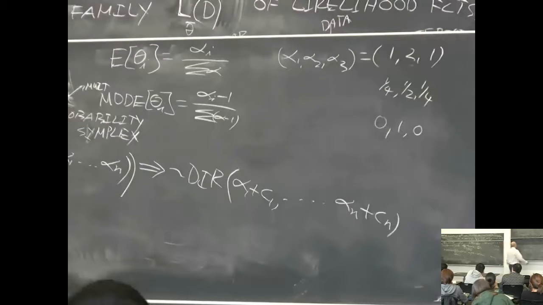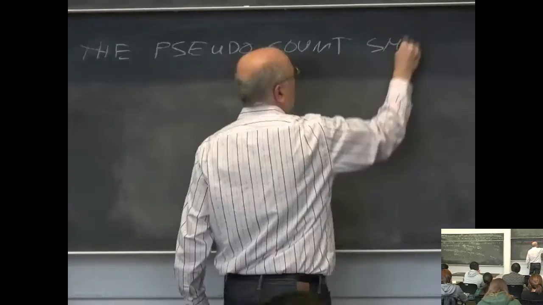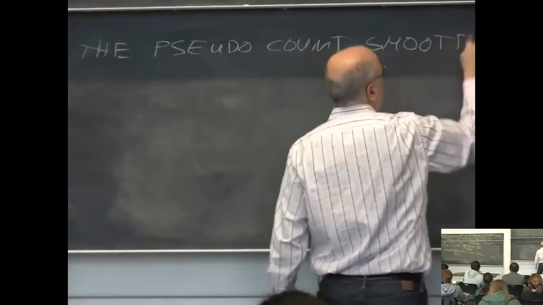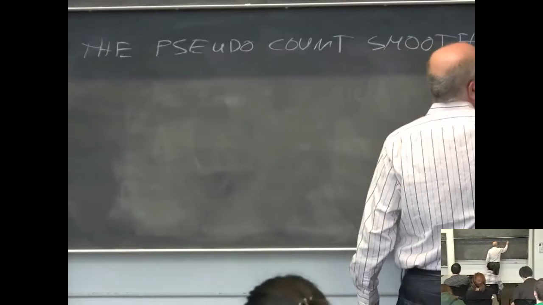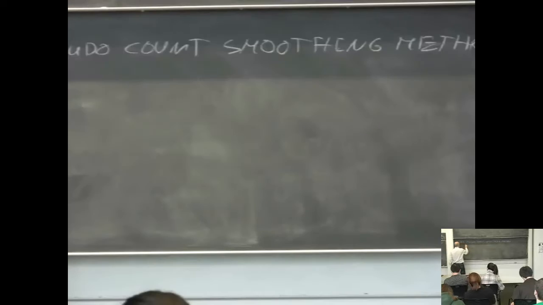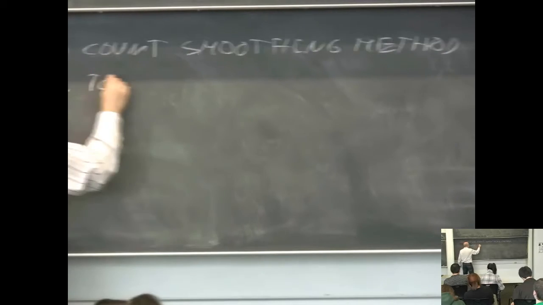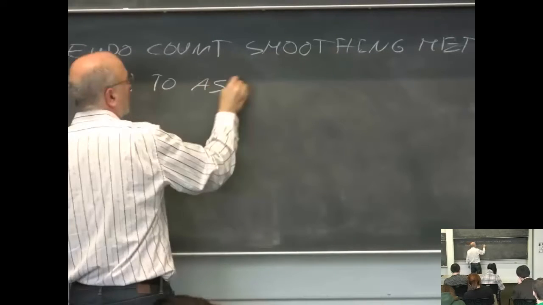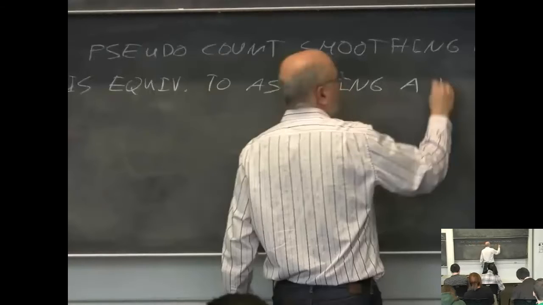The pseudo-count smoothing method is equivalent to assuming a Dirichlet prior.